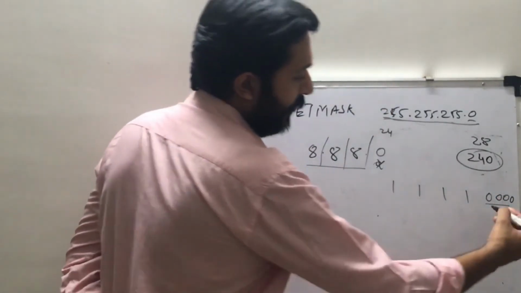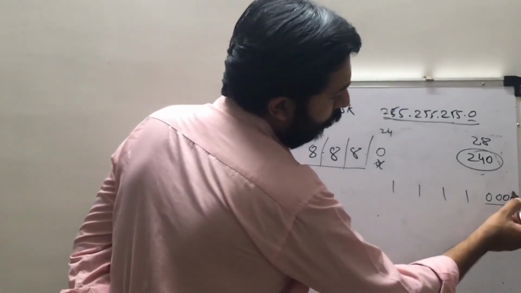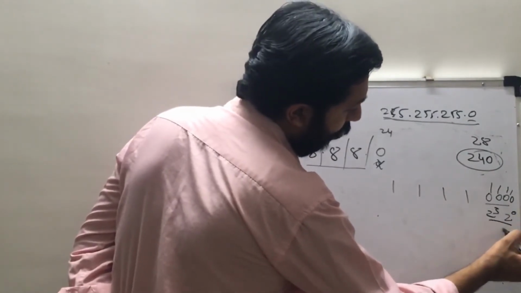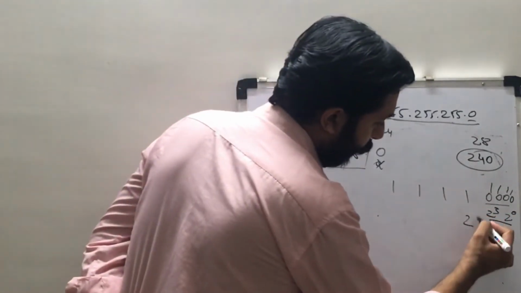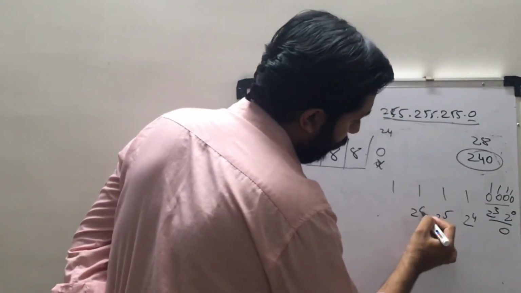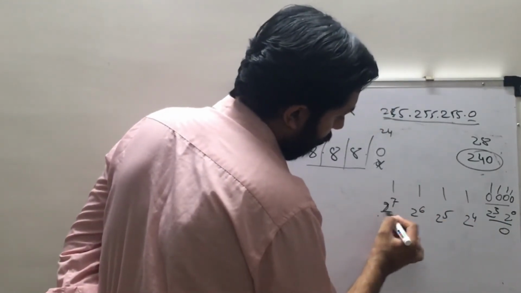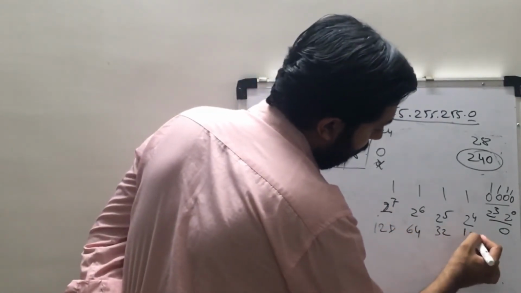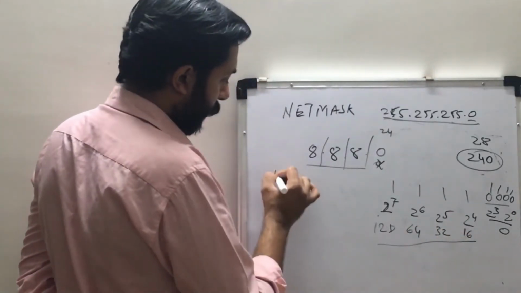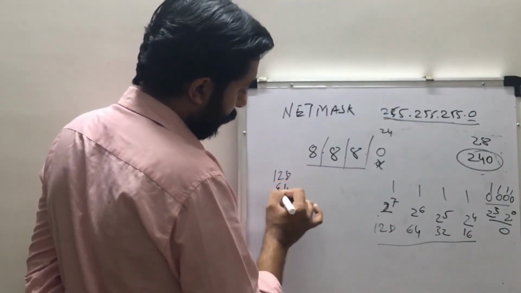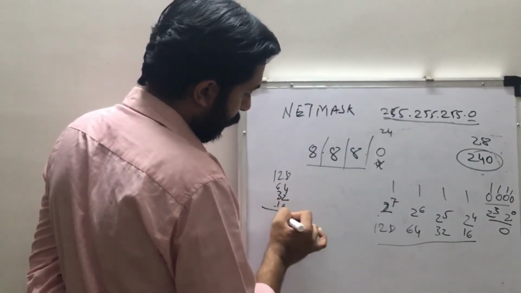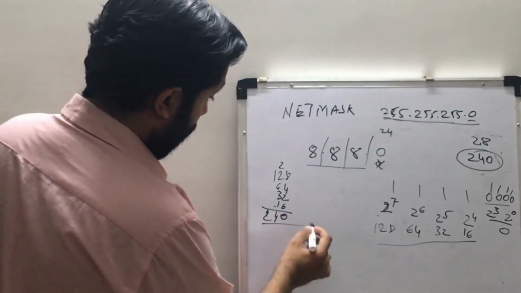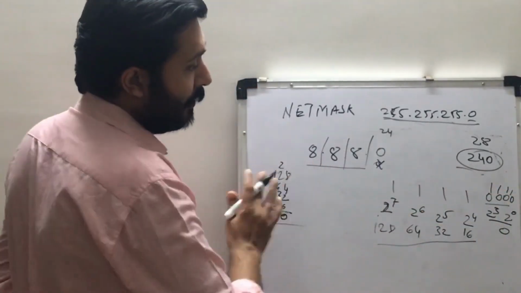Now when you start writing from here, it is 2 raised to 0. So 2 raised to 0, 2 raised to 1, 2 raised to 2, 2 raised to 3, all are 0. Up till 2 raised to 3 everything is 0. Then here comes 2 raised to 4, 2 raised to 5, 2 raised to 6, 2 raised to 7, that is 16, 32, 64 and 128. We'll add up all: 128, 64, 32, 16, and 0, 0, 0, 0, that is 240.